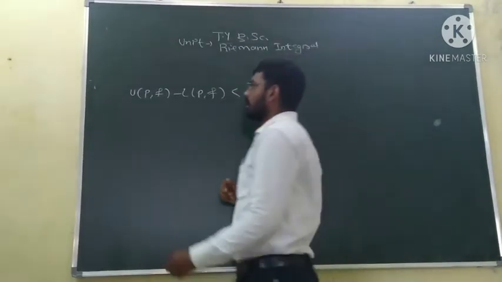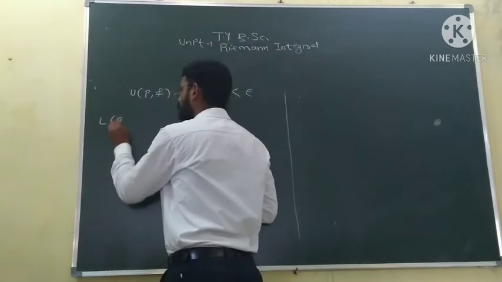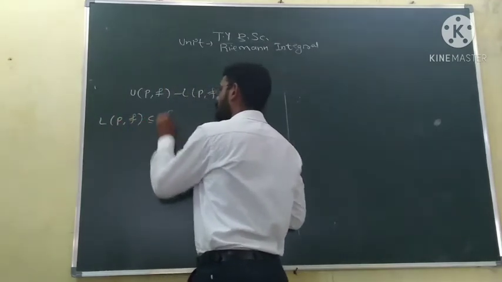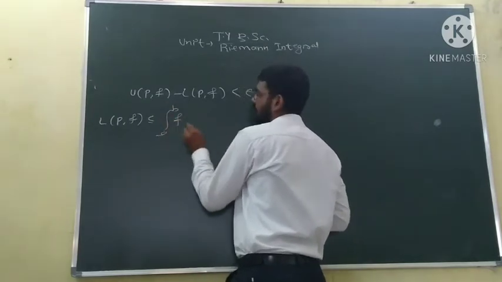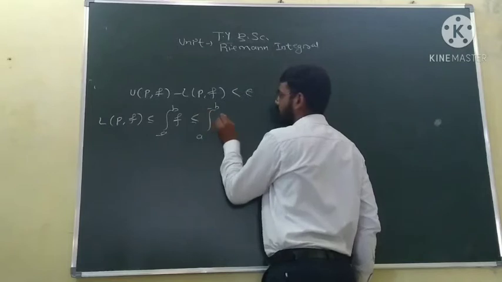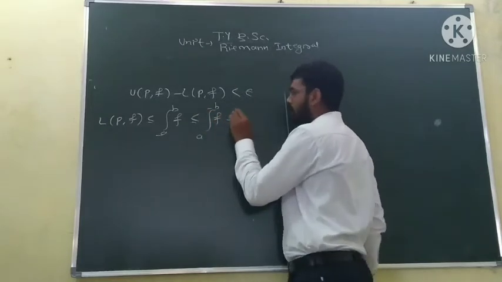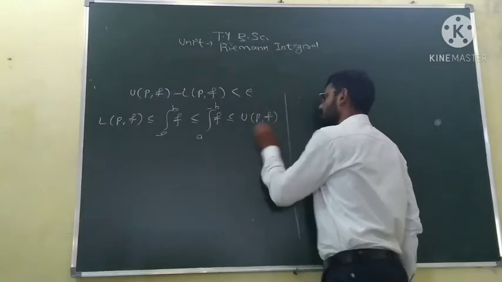We know our standard inequality, that is, lower sum is always less than or equal to lower integral, which is less than or equal to upper integral, and upper integral is always less than or equal to upper sum.